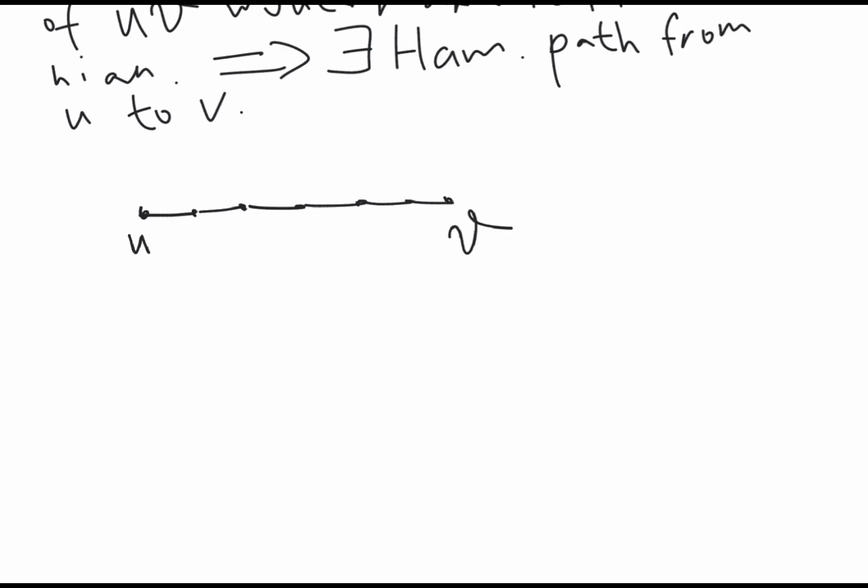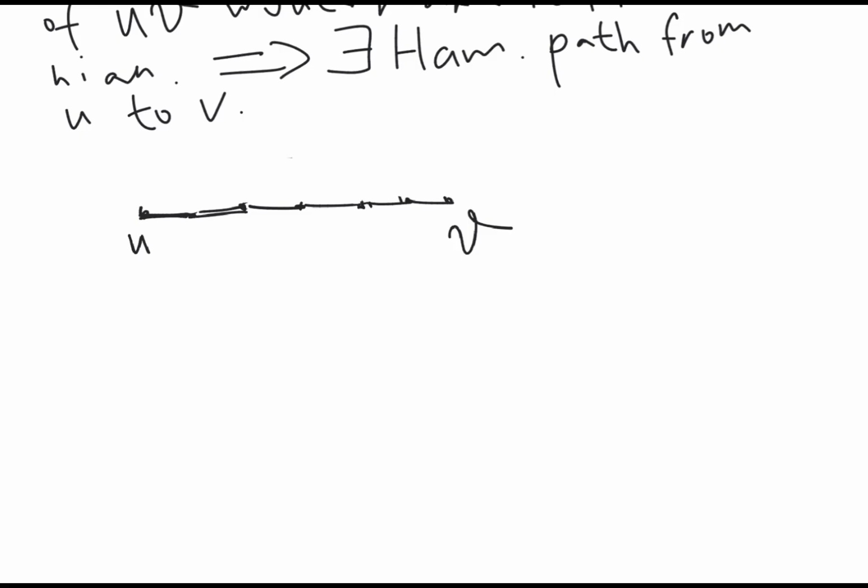There could be some other edges between some vertices, but we can draw it regardless of what other edges there are. We can draw this path from u to v, and that path passes through all vertices of the graph.